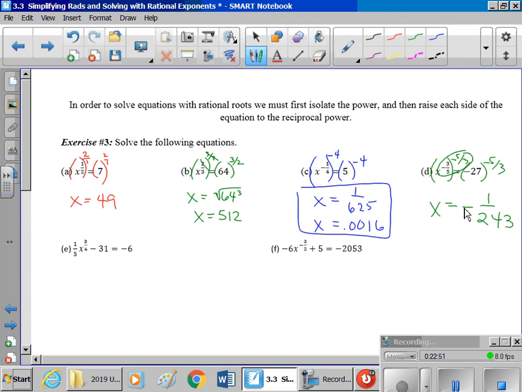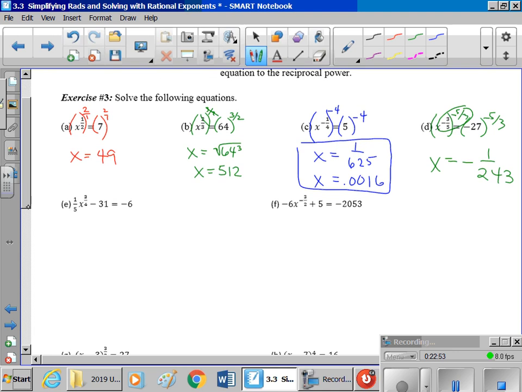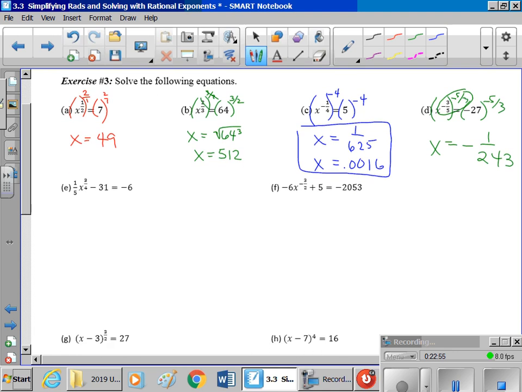Now, just like solving equations, when we have E, make sure you are isolating your base. Your base in this case is your x. So just like before, algebra 1, add 31 to both sides. You get 1 over 5 x to the 3 over 4 is equal to 25. Now here, I can't do anything until I get rid of that 1/5.